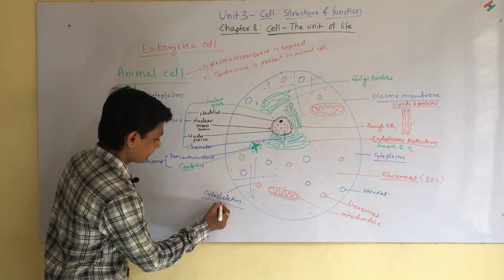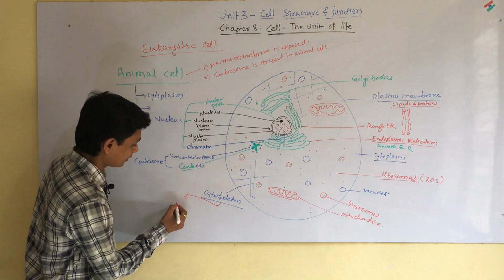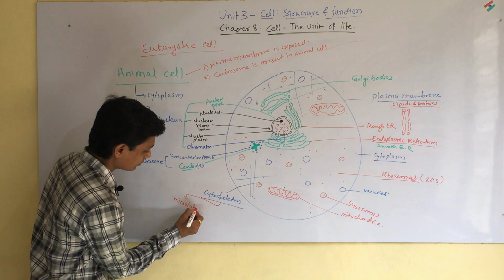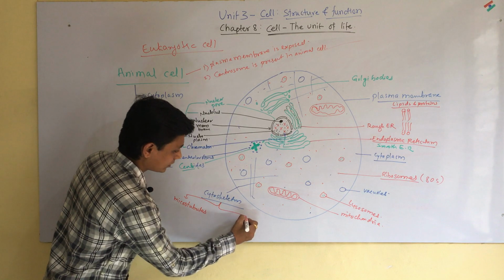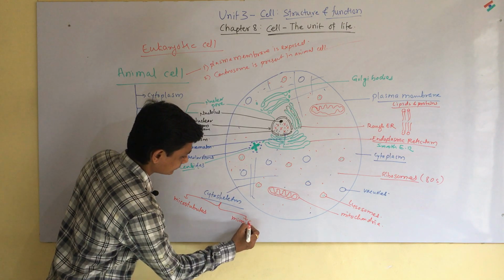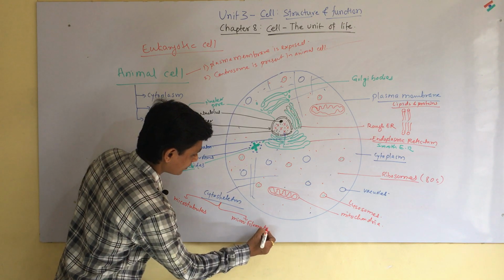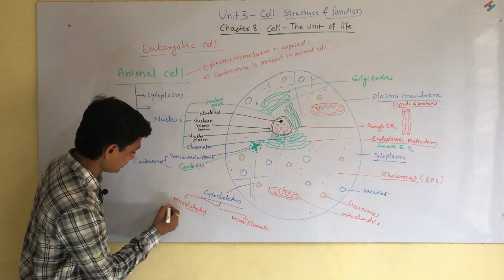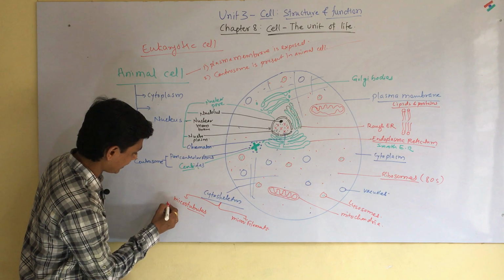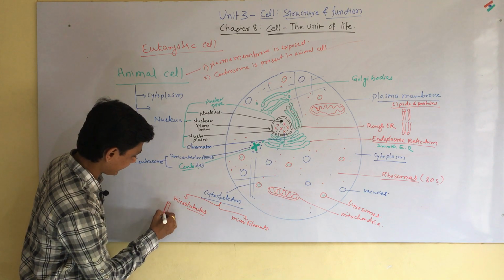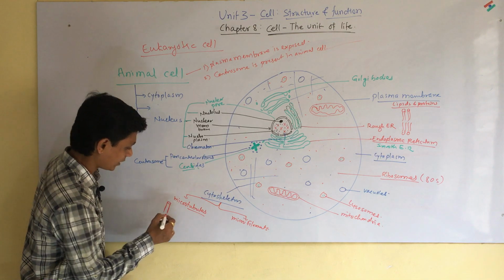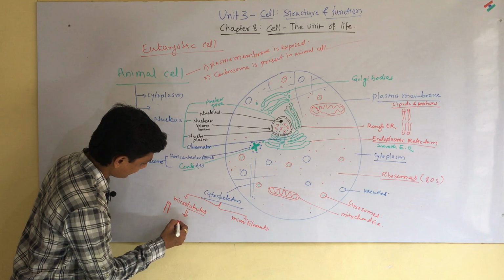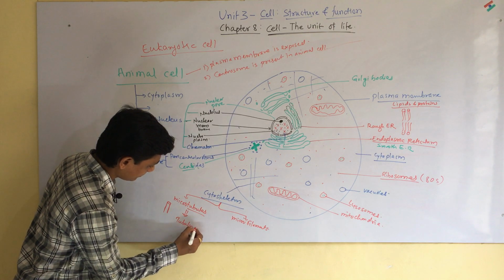Cytoskeleton is of two types, that is microtubules and microfilaments. As the name indicates, tubules means it is like a tube, inside it is a hollow thread, and made up of a protein known as tubulin protein.